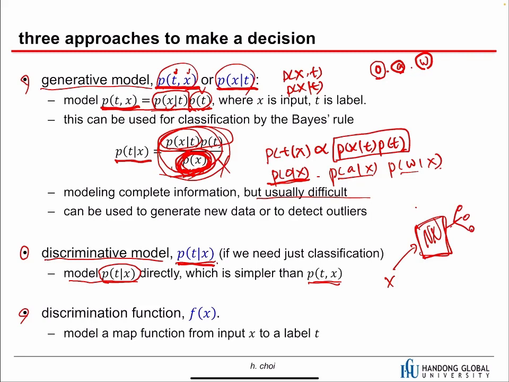There is a simple trick. So this model can generate some numbers for this class and this class and this class, and the probability should be positive, so we just apply exponential functions. And then probabilities should sum up to 1, so we actually normalize.